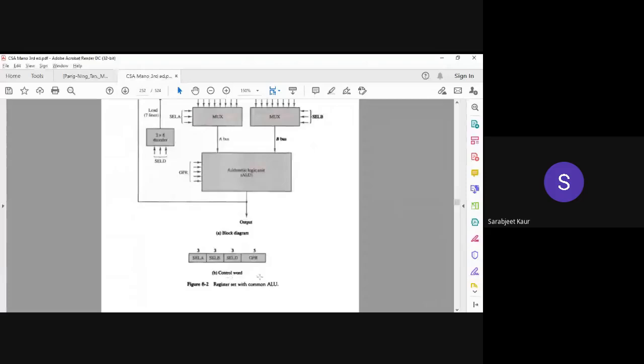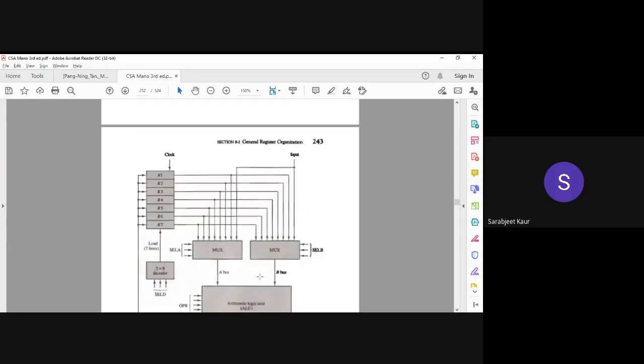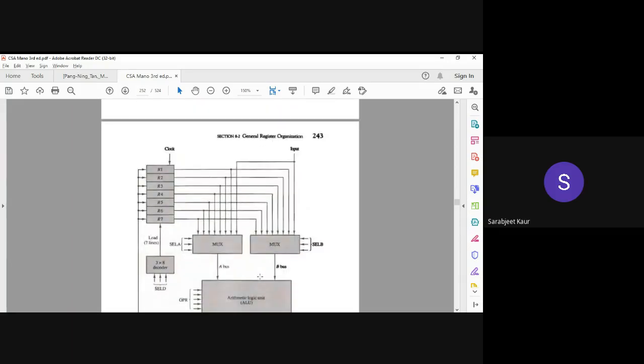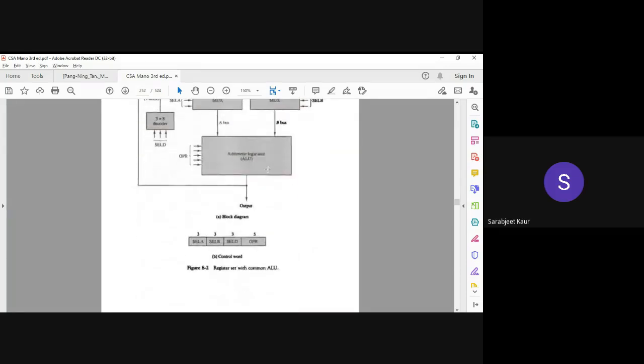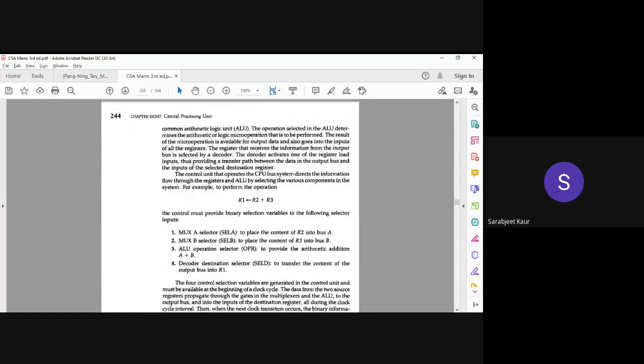This is the first kind of question that you can expect in any of the theory exams or viva. This diagram is also known as the general register organization. This is very important from the examination point of view as well.